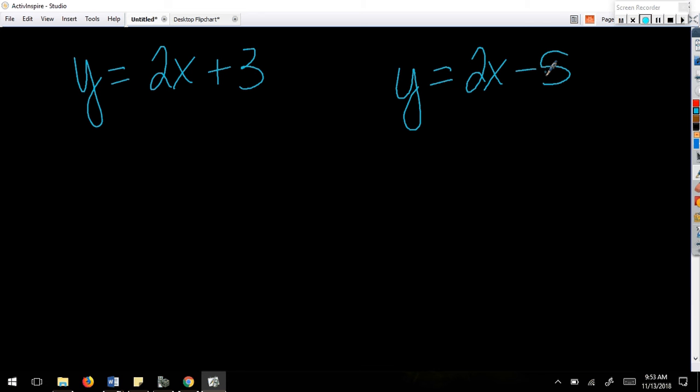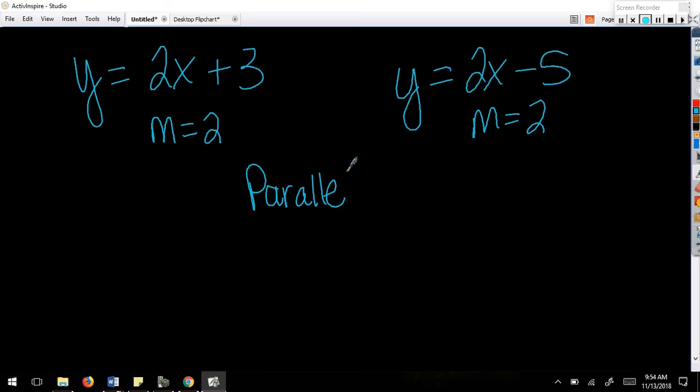Why? What's the slope of this one? 2. Don't keep the x with it. What's the slope of this one? 2. The slopes are exactly the same. Do you agree? That means the lines are parallel. Right now we're just looking.